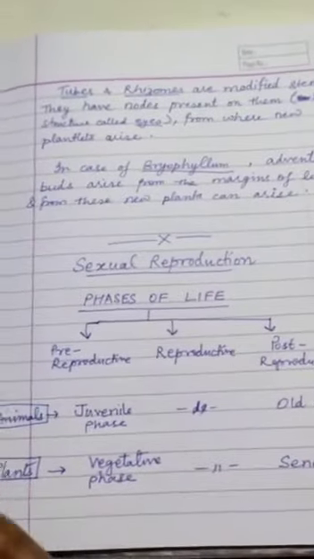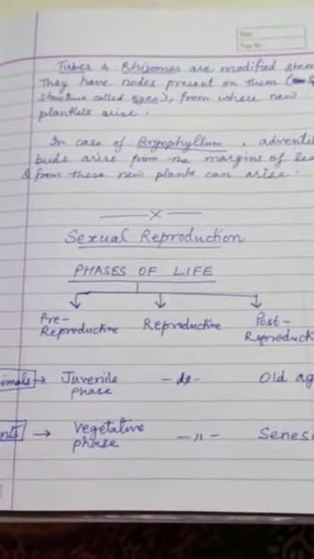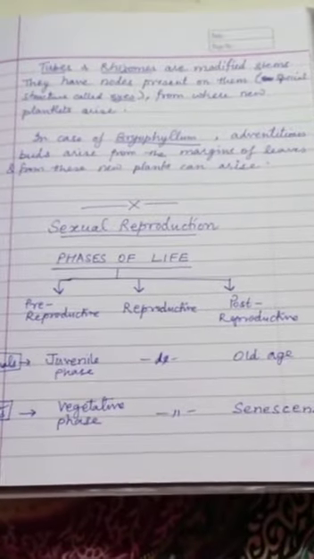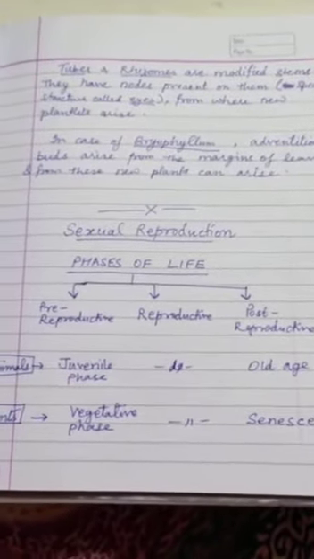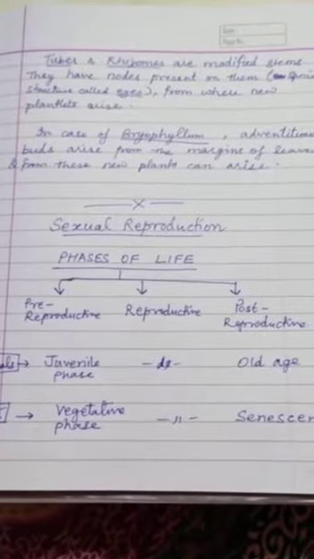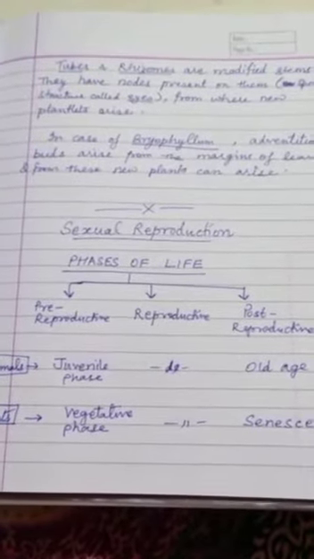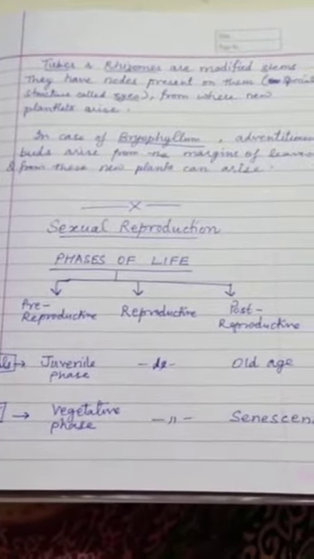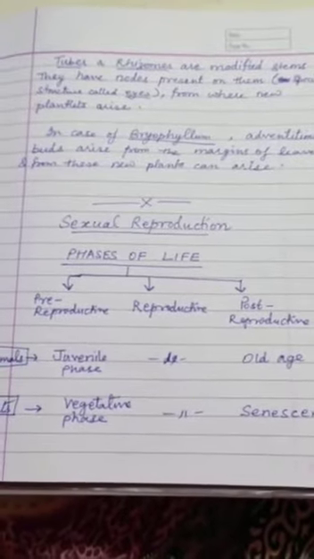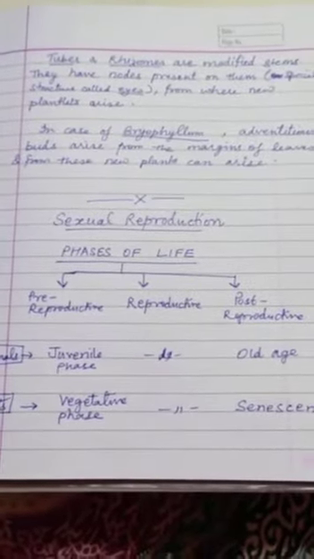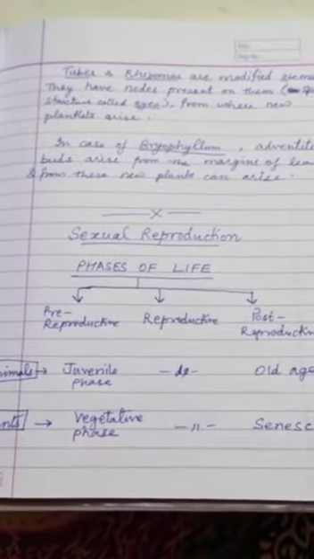Now stems and leaves. I said stems and leaves are the main vegetative propagules. Why? We all know stems have nodes, and from nodes there are already axillary buds present, from which leaves and branches can arise. But what about leaf?